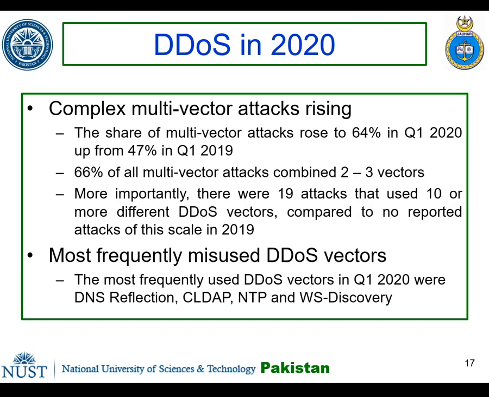The most frequently misused DDoS vectors. The most frequently used DDoS vectors in the first quarter of the 2020 were DNS reflection, CLDAP, NTP, and WS discovery.